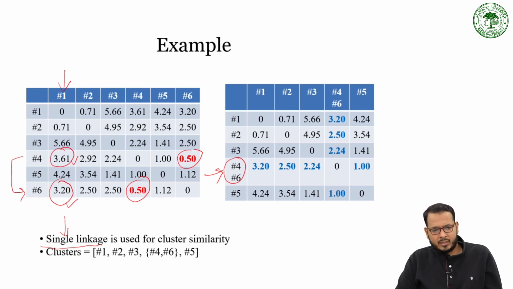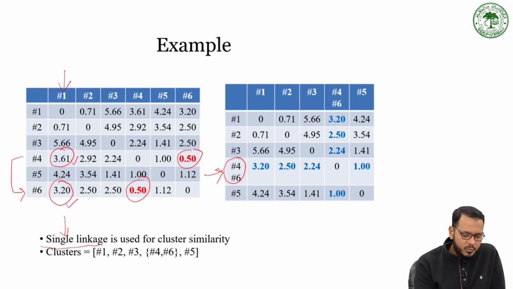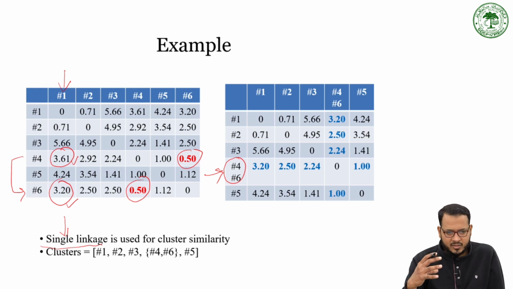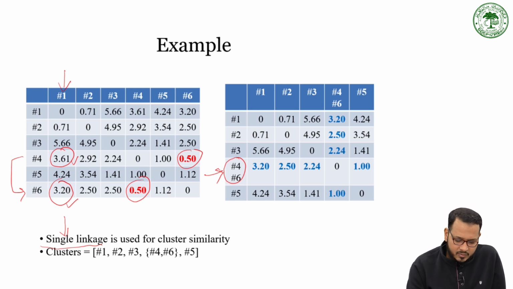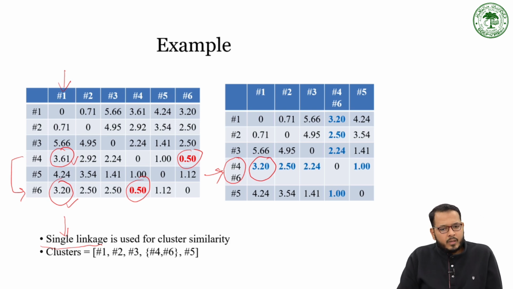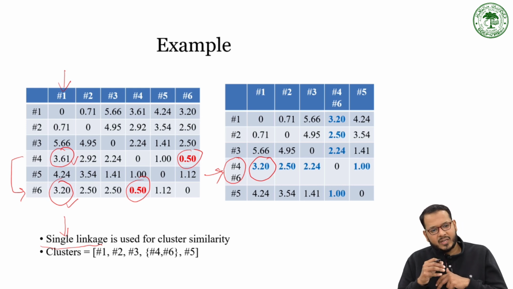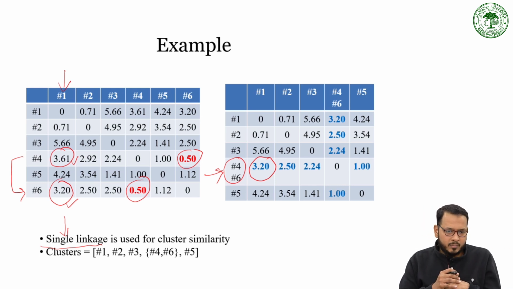So we will say that 1 is 3.2 units away from the cluster 4 and 6. That's why the value here is 3.2. Remember, if we were using the complete linkage approach, then we should select the value 3.61 because complete linkage considers the farthest point from the given data point.